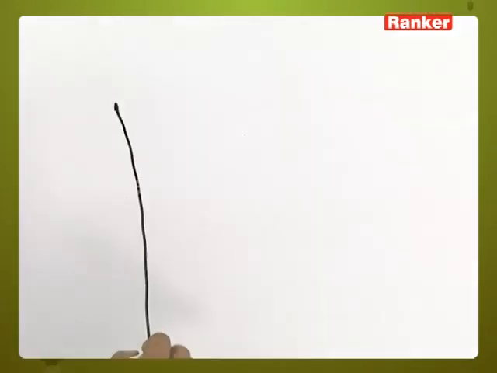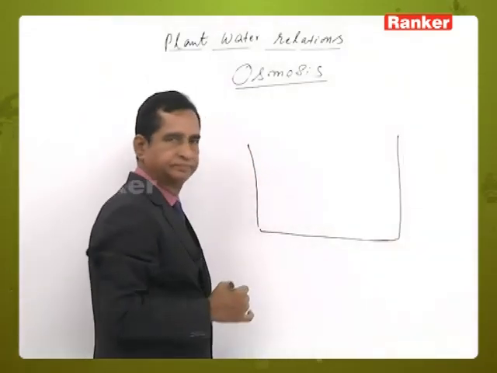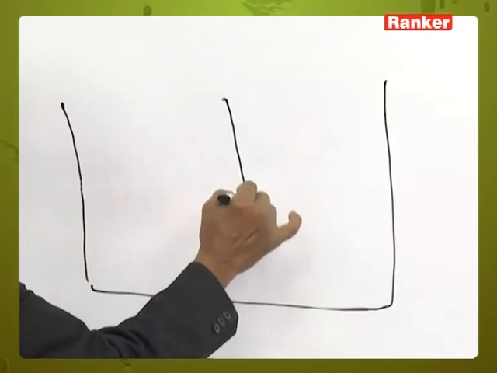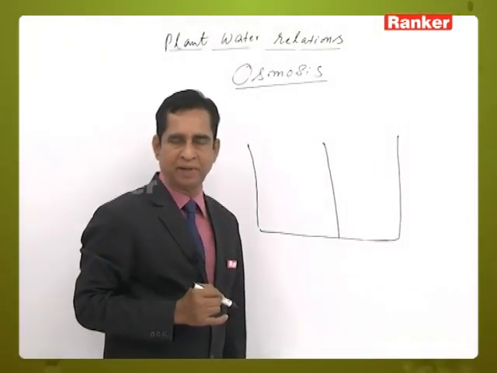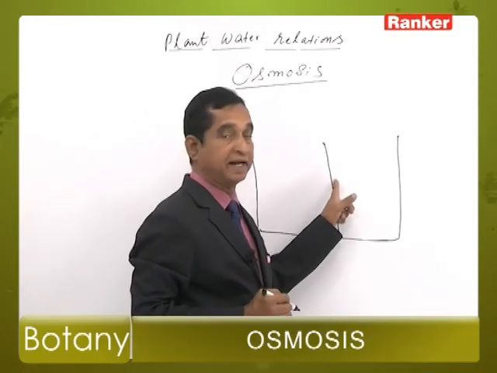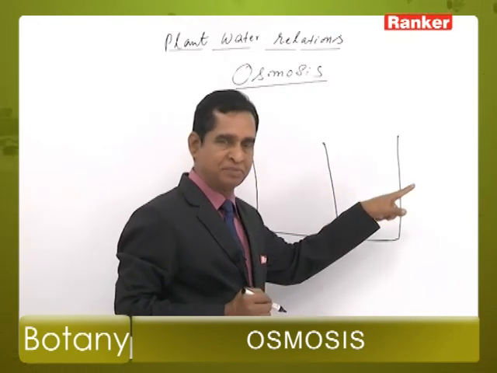Here we have a container, and this container is separated by a semi-permeable membrane. It can be an egg membrane or an animal membrane or a parchment membrane.